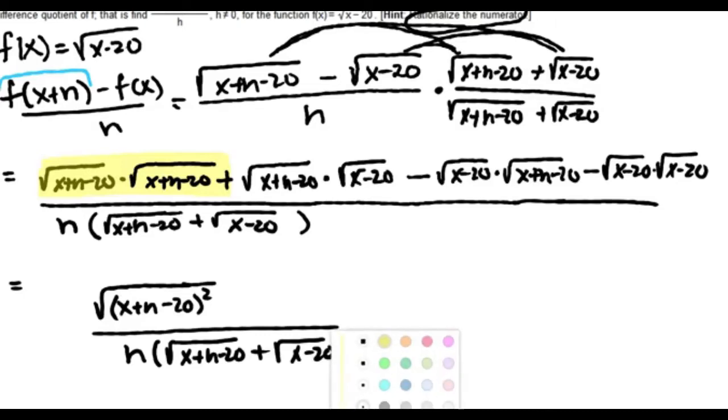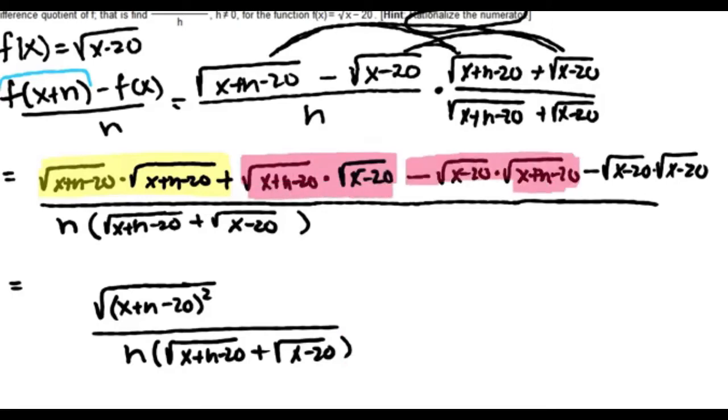Now let's focus on these two terms. This first one is positive and the second one is negative, and they have the same factors. That means they are like terms, but they're also opposites of each other. And we know that opposites cancel each other out. So those two terms just go away. They zero out.